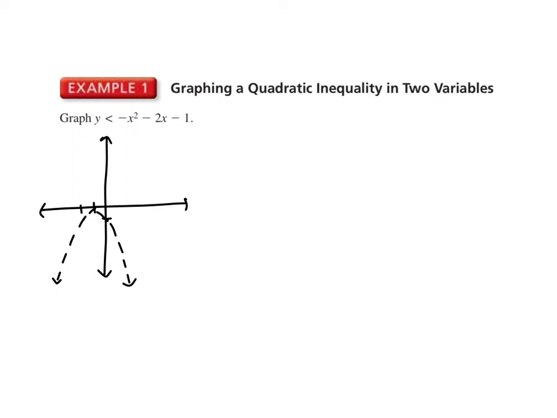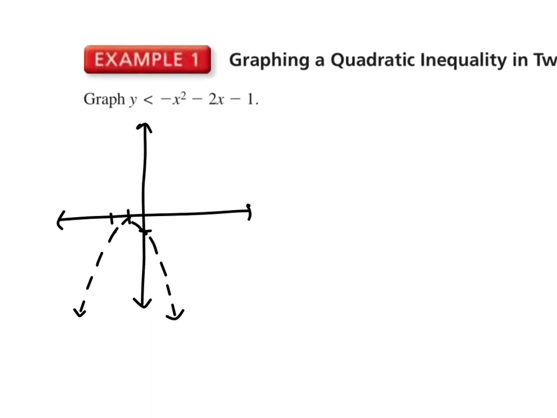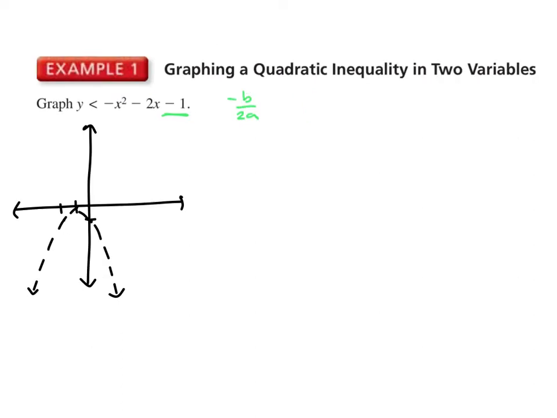All right, let's take a look at example 1. I graphed this one for us. I started with my negative b over 2a to find the vertex, and then I plotted the y-intercept too. So now we need to test points.